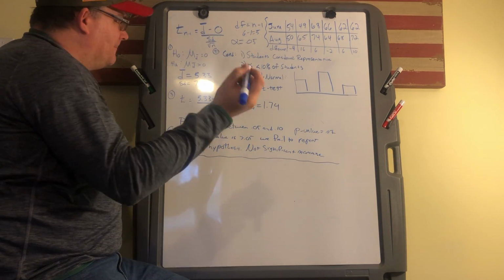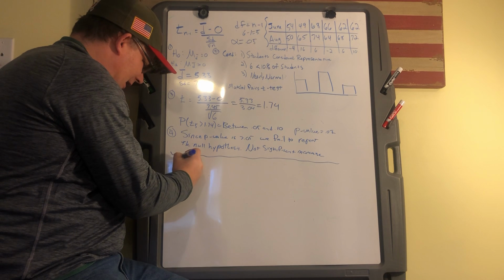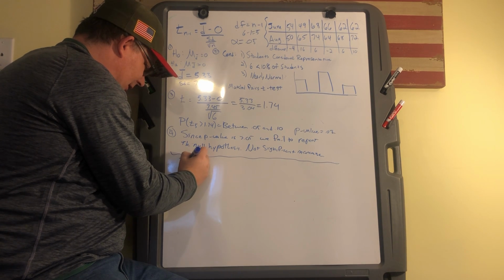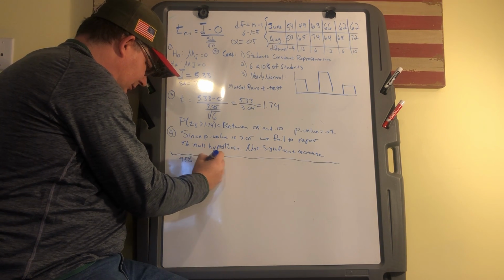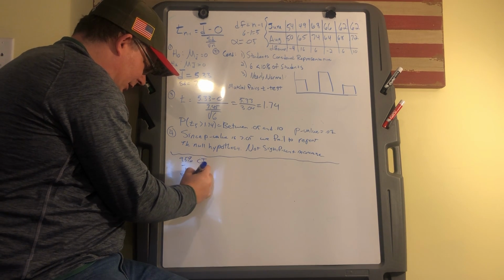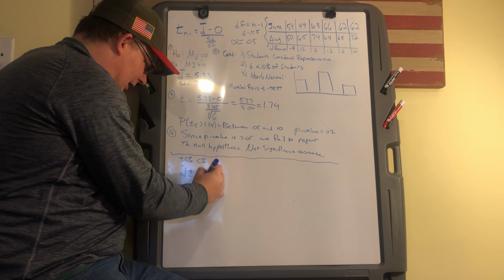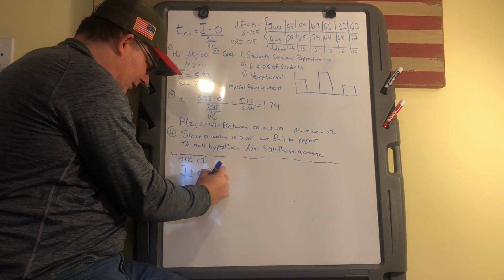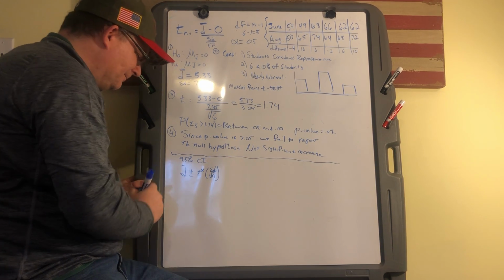Okay, so let's do a confidence interval as well. Let's say we do a 95% confidence interval. What we're going to do is d plus or minus t star times the standard deviation divided by the square root of n.